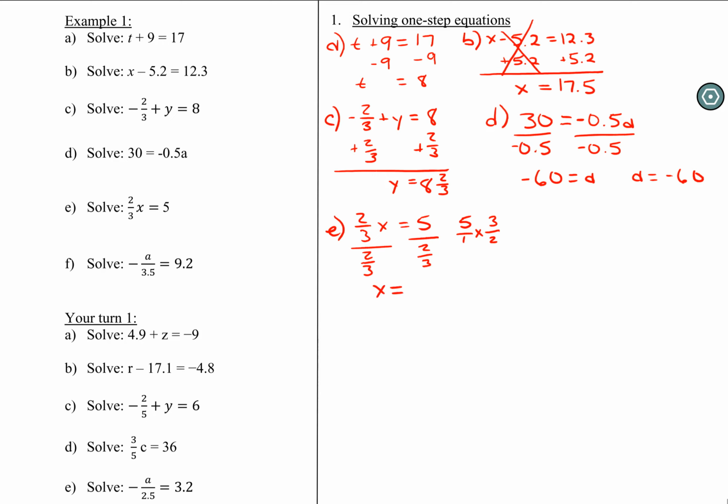We get a value of x is equal to 15/2. You can leave that as an improper fraction, or you can convert it to a mixed number, 7.5. And finally, and actually let me draw some lines here just to differentiate.